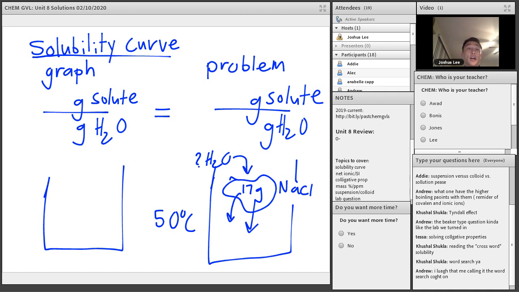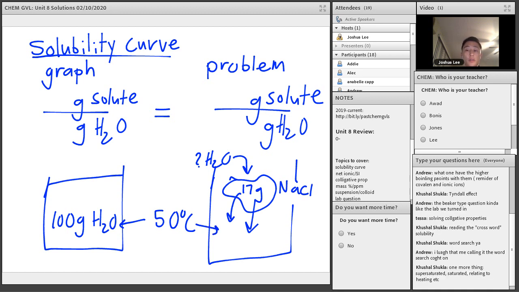So the solubility curves, the graph, they tell us that if I have 100 grams of water at 50 degrees Celsius, I know exactly how much NaCl will dissolve. Based on the chart, NaCl at 50 is roughly 38.